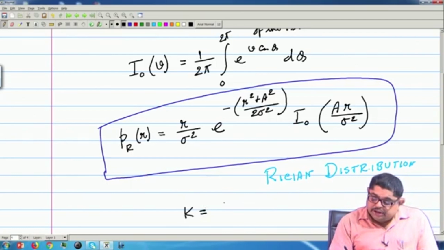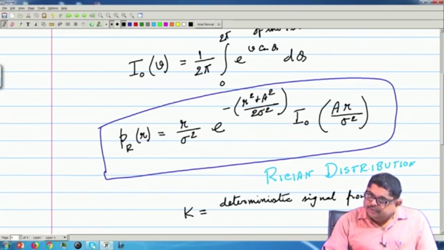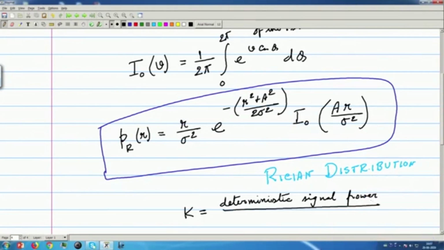So, what is k? Deterministic signal power divided by the noise variance.